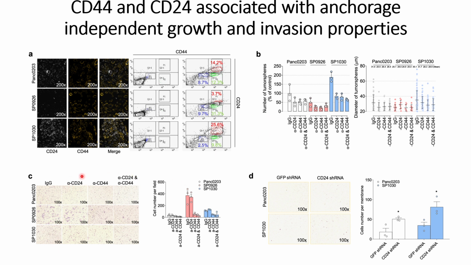When they used neutralizing antibodies against CD24, they found that there is not much difference in the tumorosphere in SP0926, and also not much difference in SP1030, because SP0926 already has a lower percentage of CD24 cells, which can be seen here.